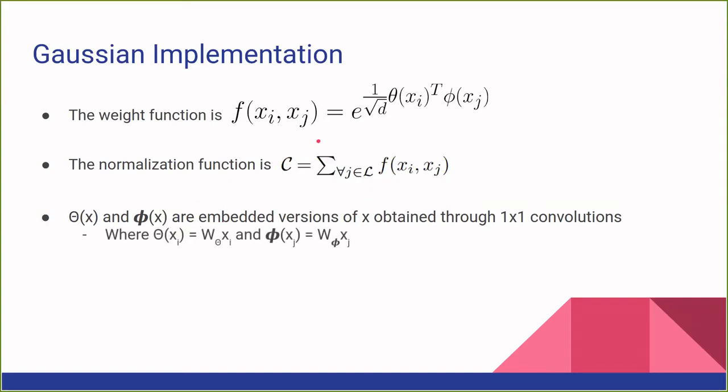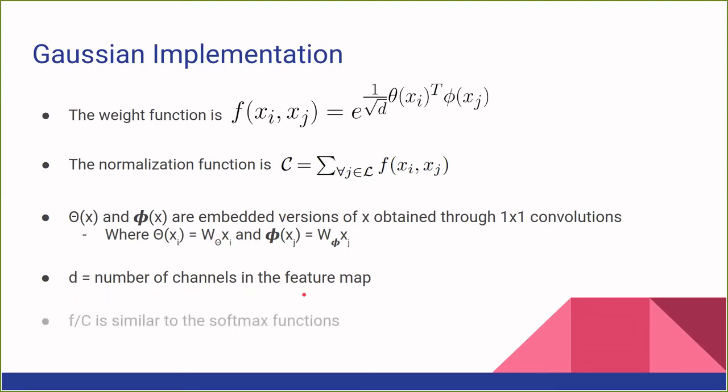And the 2 additional embeddings are theta(x) and phi(x), which are chained through a 1-by-1 convolution, where theta(x_i) is equal to the weight W_theta x_i, and phi(x_j) is equal to the weight W_phi x_j, while d is the number of filters in the feature map.